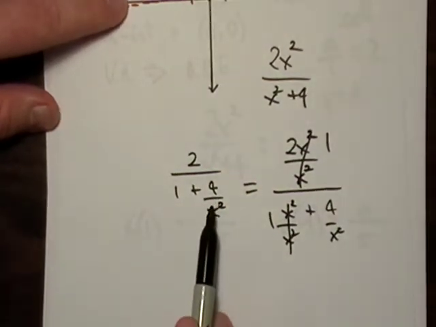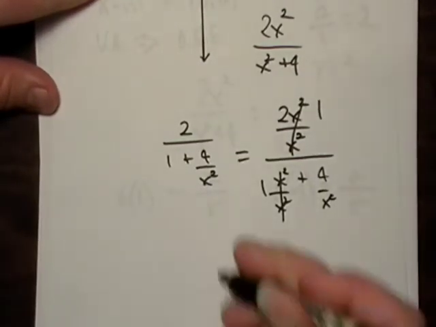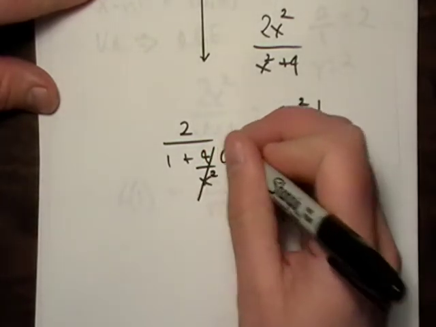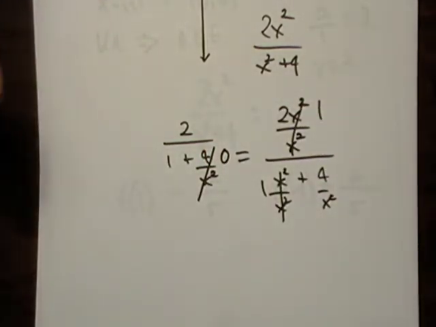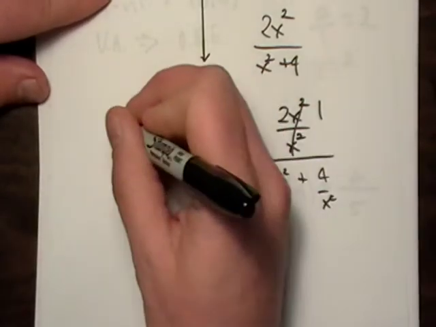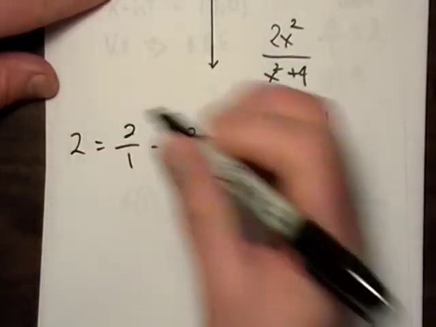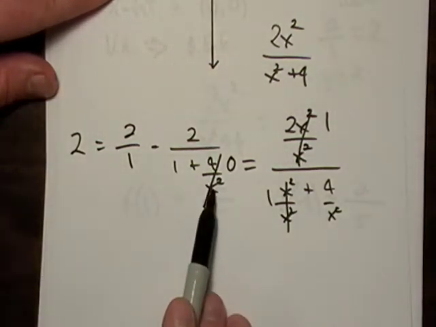As x goes to infinity, as x is getting huge, this 4 over x squared is going to approach 0. It's going to be so small it's not even worth mentioning. So we end up with 2 over 1, which is just 2, as x goes to infinity.